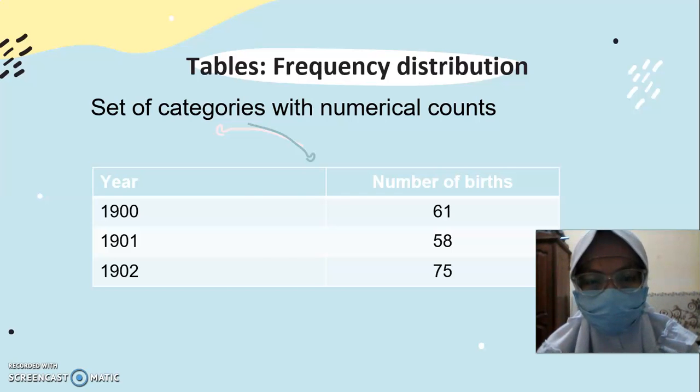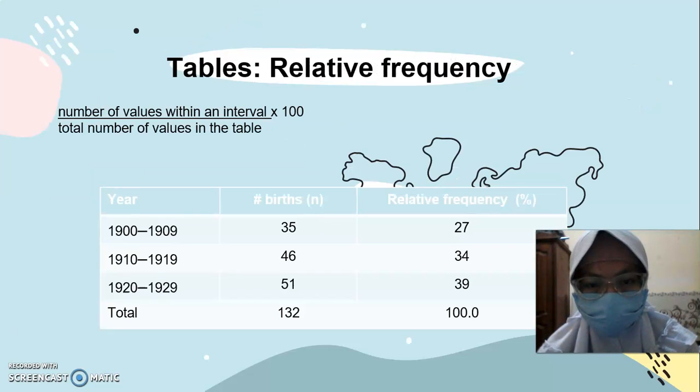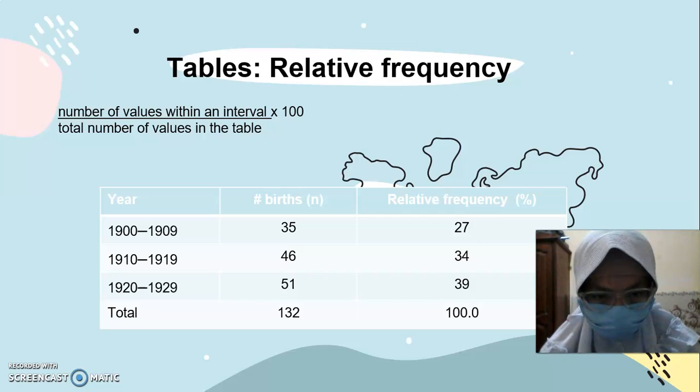Examples of tables: frequency distribution, a set of secondary numerical counts. So for the formula, if you use tables for summarizing data, the number of values within the interval is divided by the number of values in the table, times 100.